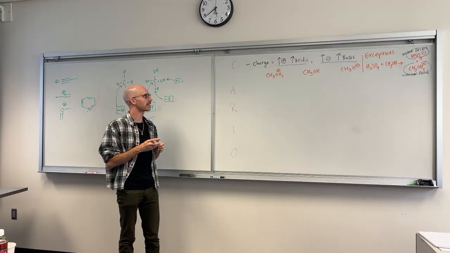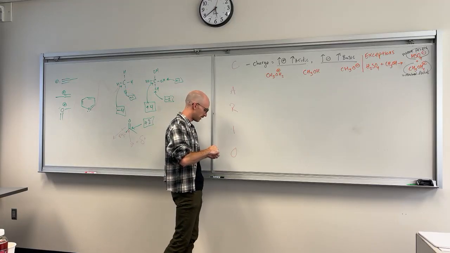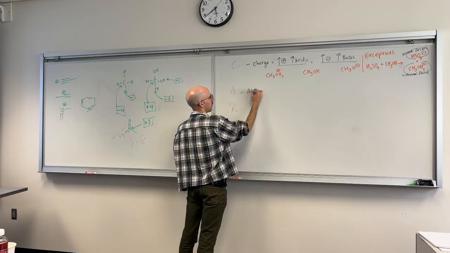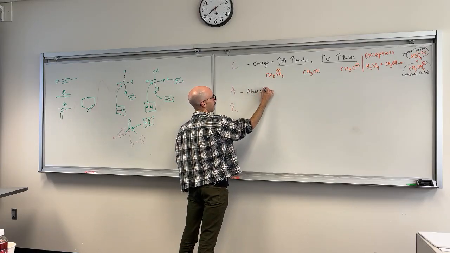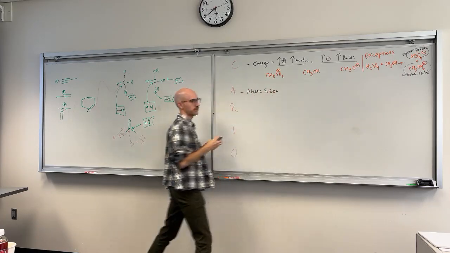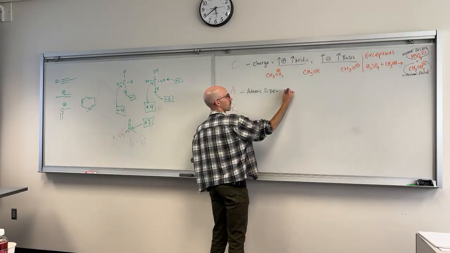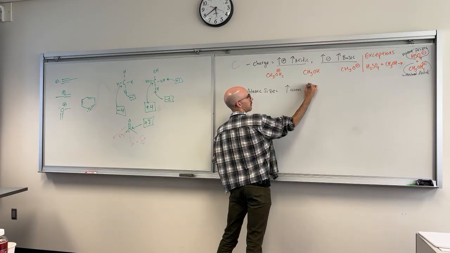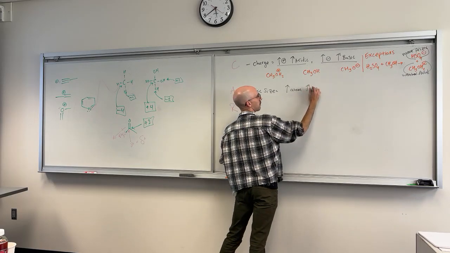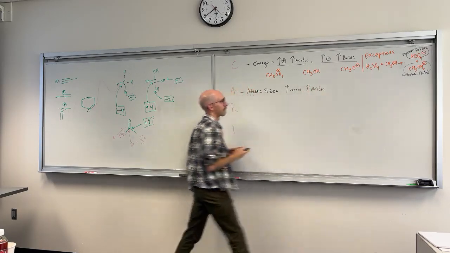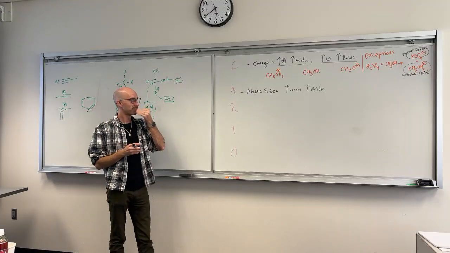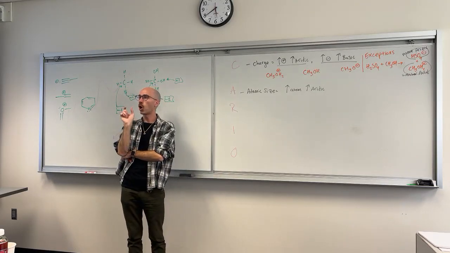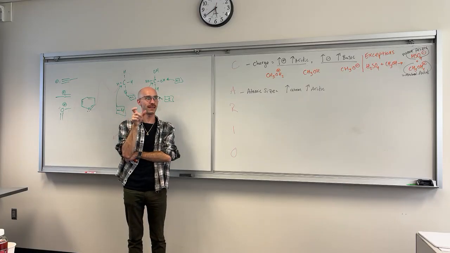Atom breaks down into two pieces. The first is, let's say, atomic size. Larger atom, more acidic. This is only comparative within a family.